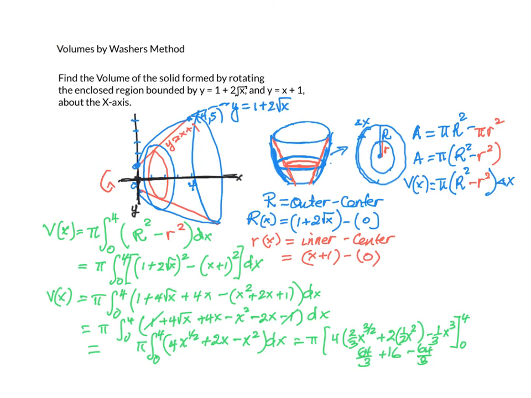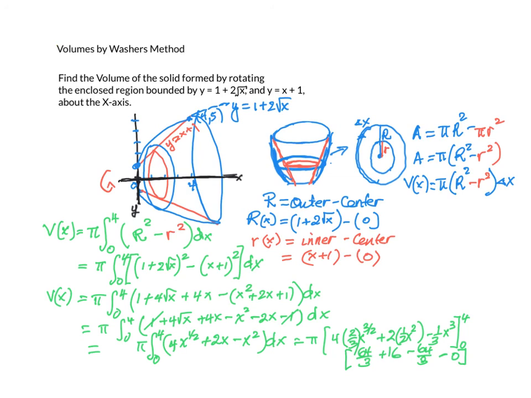And next, when I substitute 0 in for x, all of these 3 terms are going to be 0, because 0 raised to any power is going to be 0. So let me write that down. Here is minus 0 for the total.